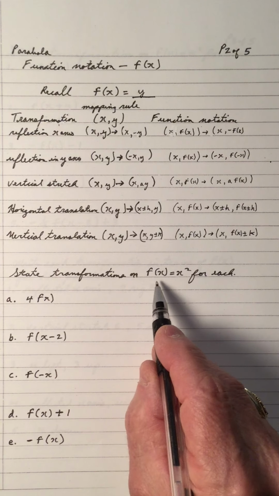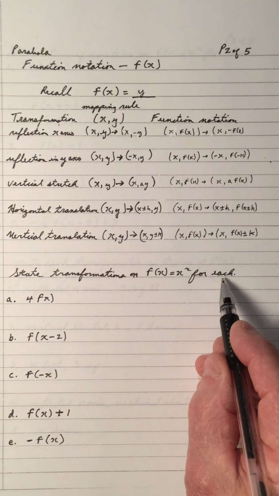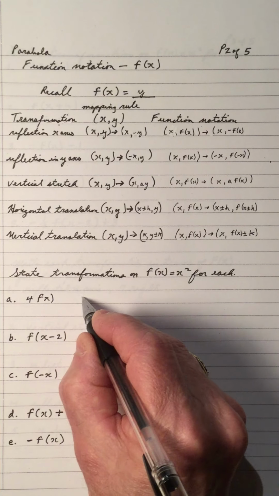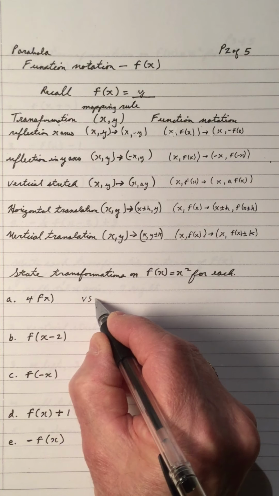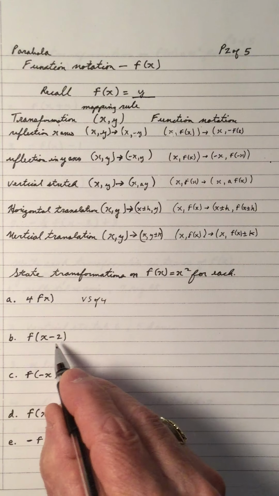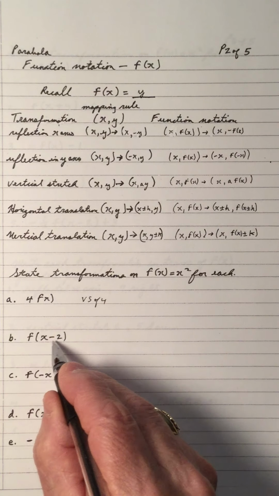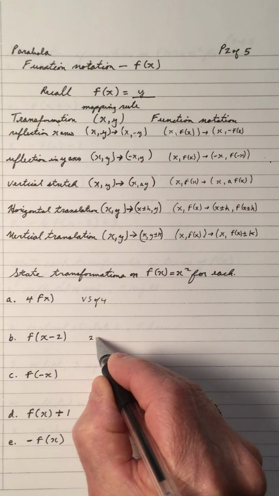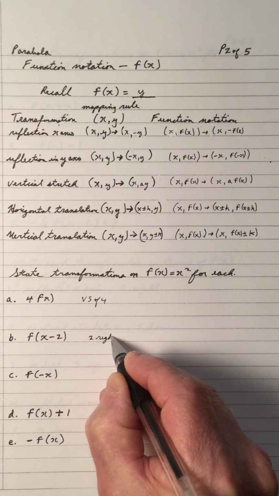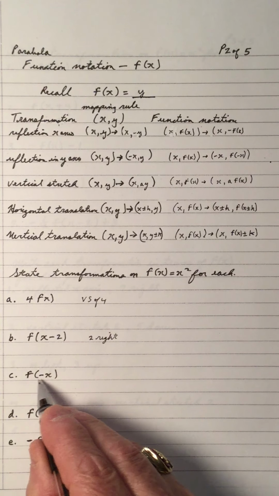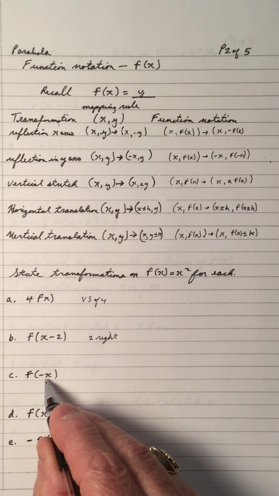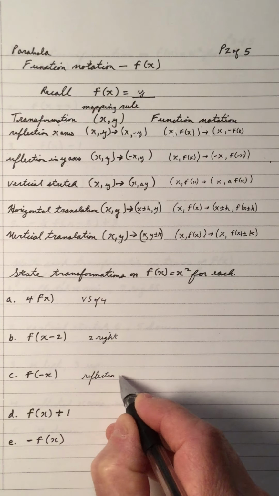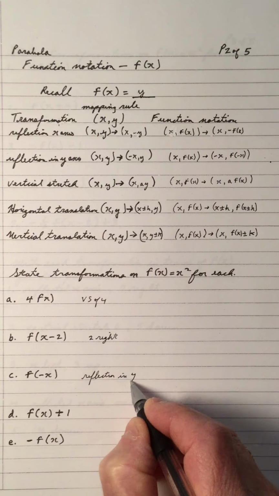State the transformation on the f of x equals x squared for each. So the transformation here is 4 times f of x, so it's a vertical stretch of 4. Here it's x minus 2, so it's 2 to the right, it's the opposite. And f of negative x, x is changing to negative x, so it's a reflection in the y-axis.